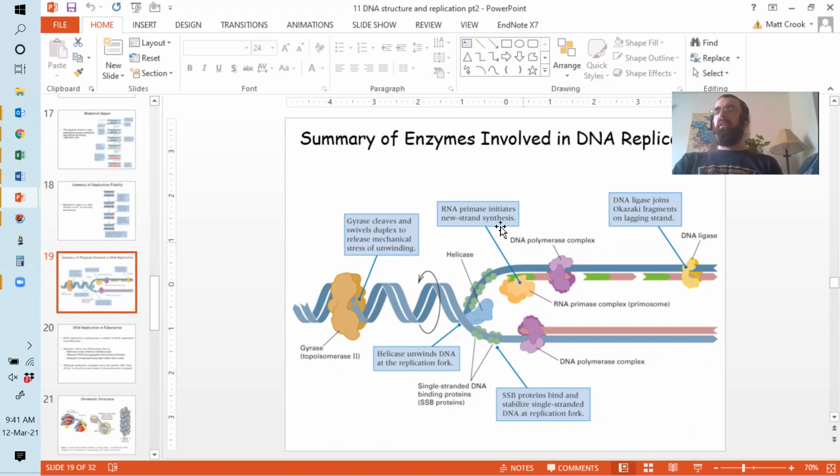And then we have RNA primase, which synthesizes the RNA primers. We have DNA polymerases, one for each strand of the DNA, so we've got 2 in total.